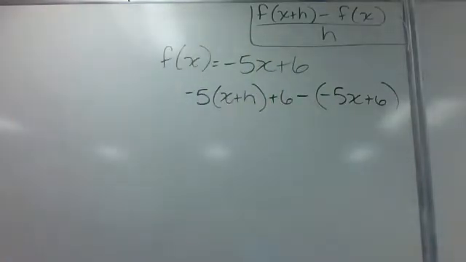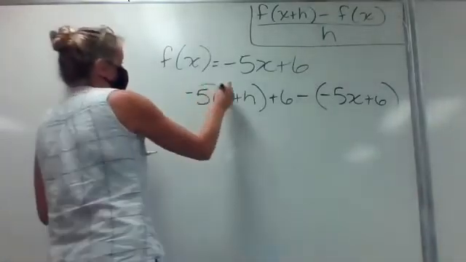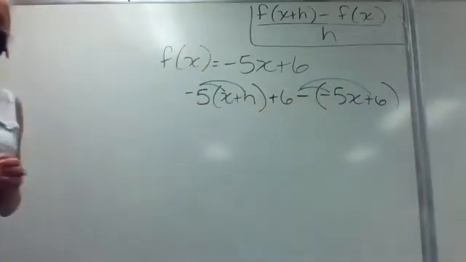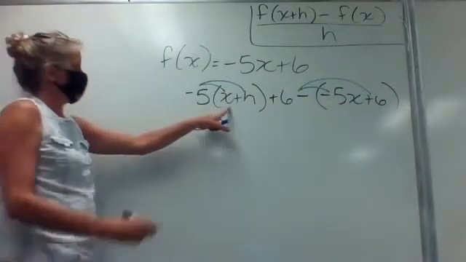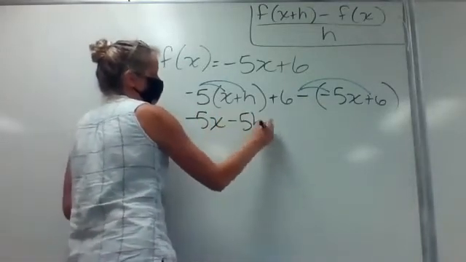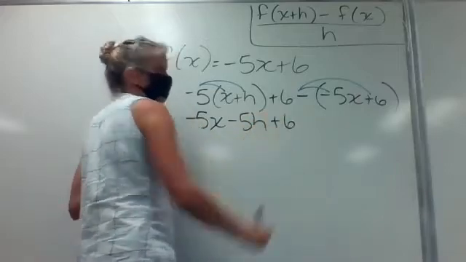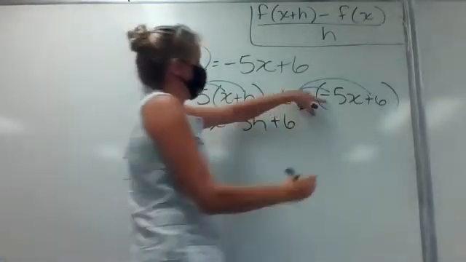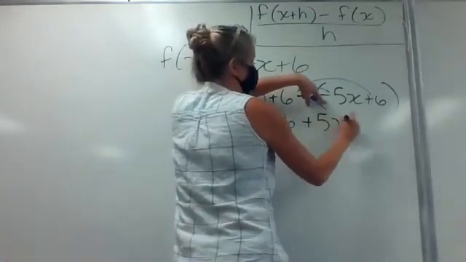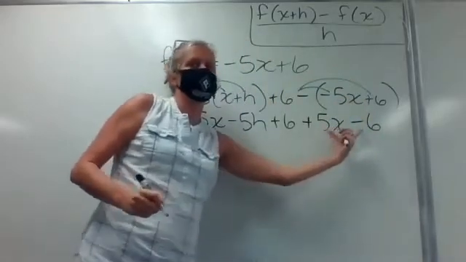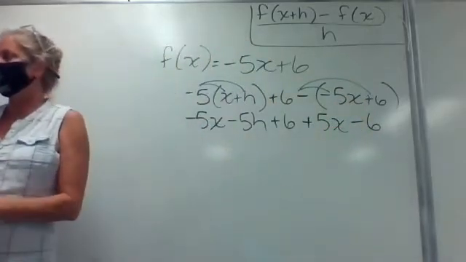And then we're going to clean that up by distributing the negative 5 here and the negative there. This becomes negative 5x, negative 5h. Bring down my plus 6. Now remember, distributing the negative here is going to turn that to a positive 5x and this to a negative 6, which both of these should find something to cancel up front.